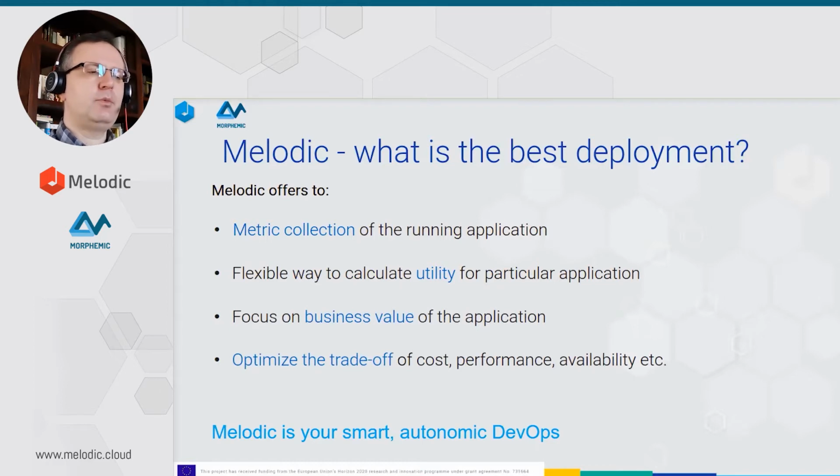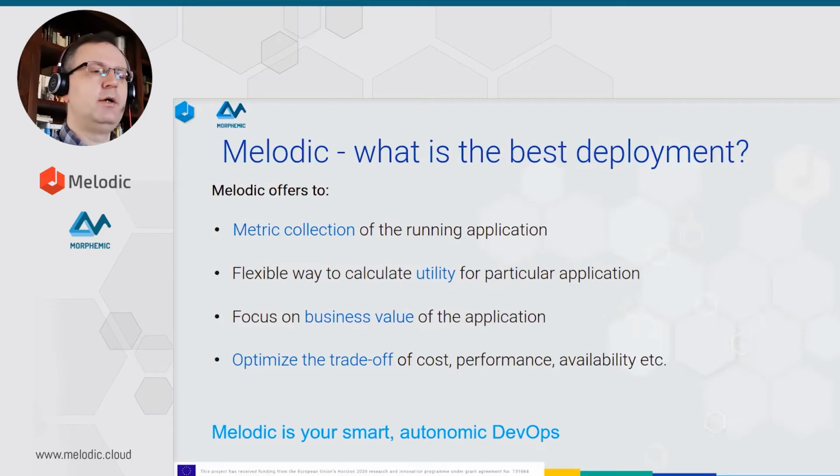Because if we do not have this trade-off, then if we want to minimize the cost, we just do not need to deploy the application, because the cost will be zero. If we want to maximize performance without minimizing the cost, then we can deploy the application on the biggest virtual machines or so.